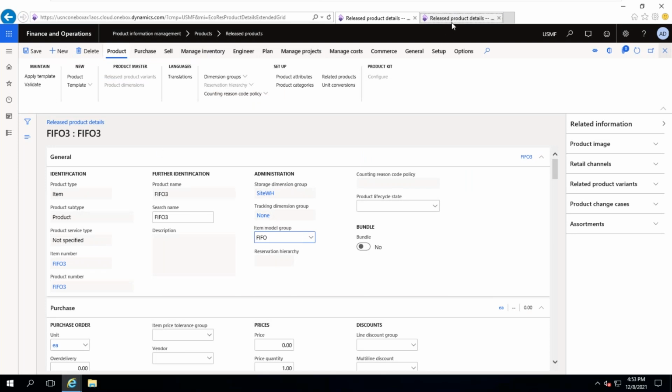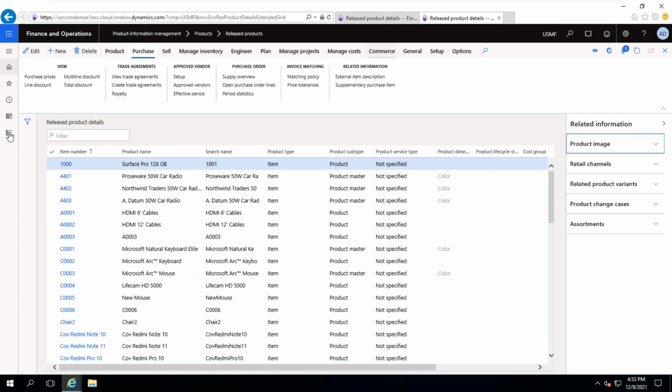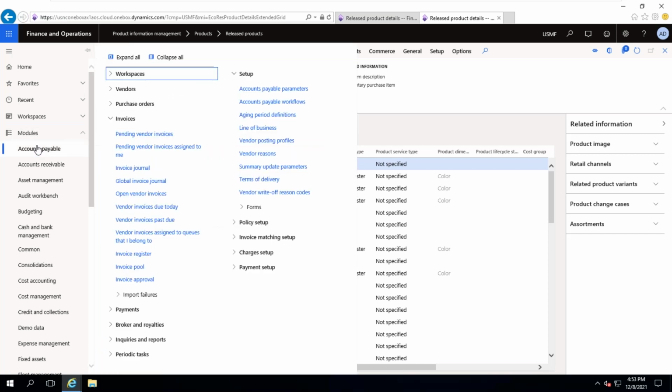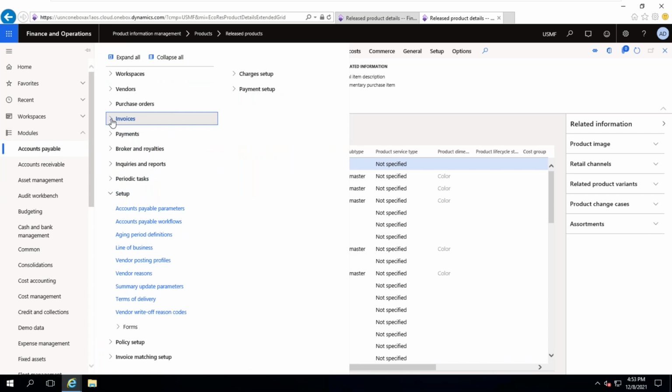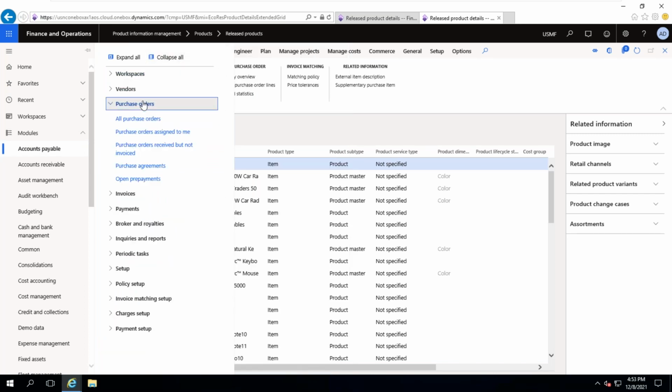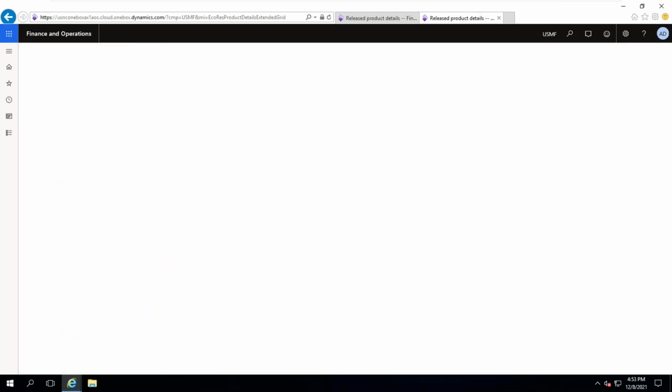Fine. What I'm doing now, I'm creating a purchase order. So a purchase order we can create from the accounts payable module or the procurement sourcing module. Any module is fine. I'm doing it from purchase orders. You can do it even from procurement sourcing also. The same function.